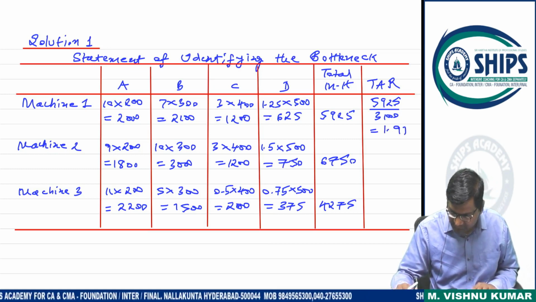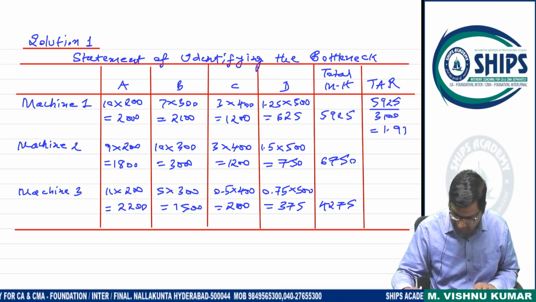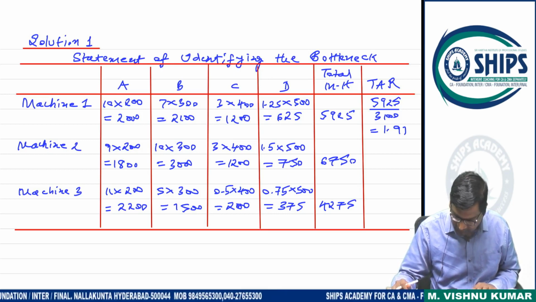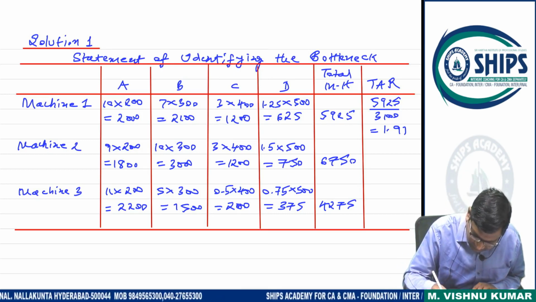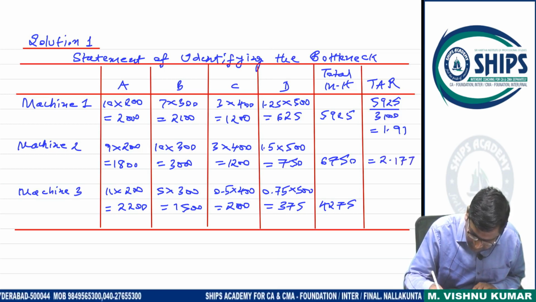Next 6750 divided by 3100 is 2.177, which you can round off.